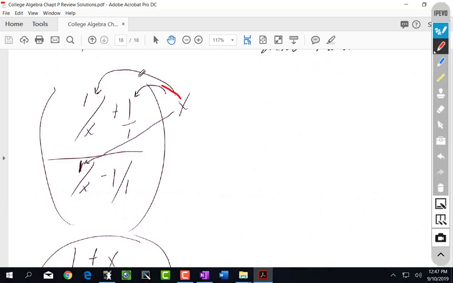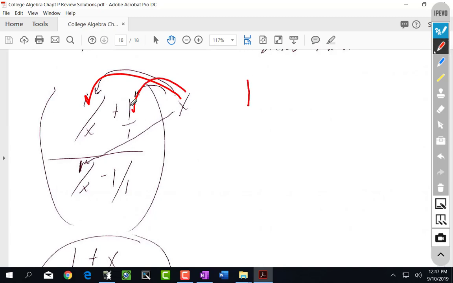When I multiply this first one by x, I get x all over x, and that simplifies down to 1.